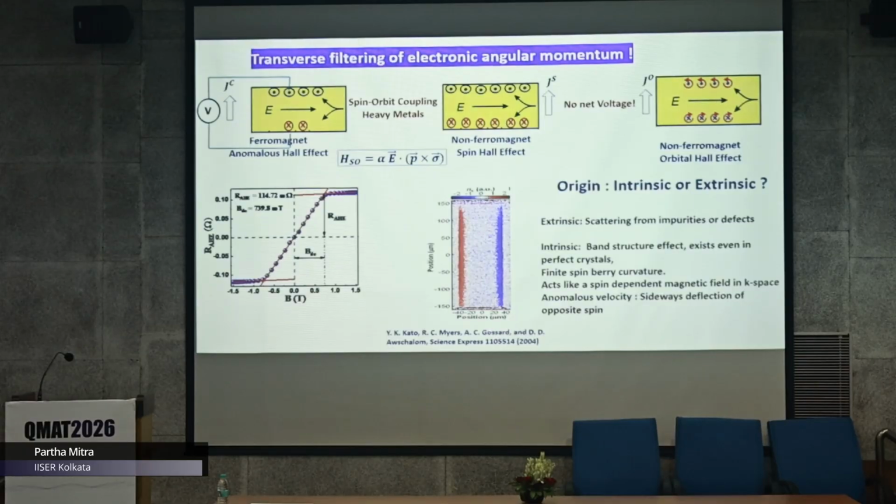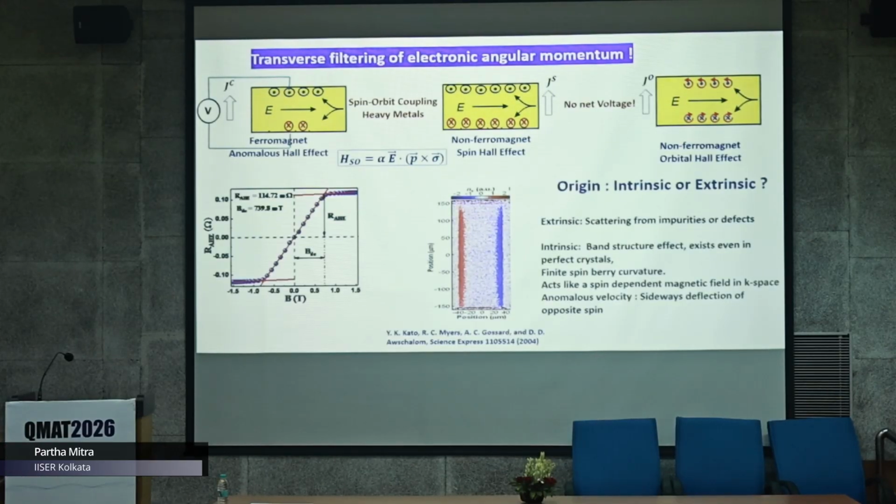This is the first major paper, the very famous paper by the Awschalom group, where they actually demonstrated the spin Hall effect. What you see here is a Kerr microscopy image of a gallium arsenide sample at low temperatures. Current is flowing through it. The red and blue bands represent the spin accumulation.